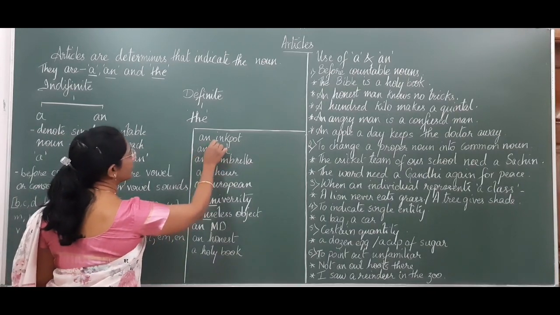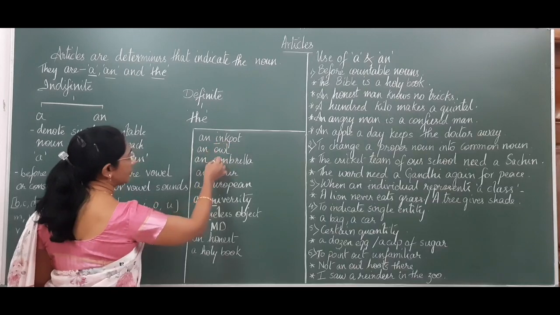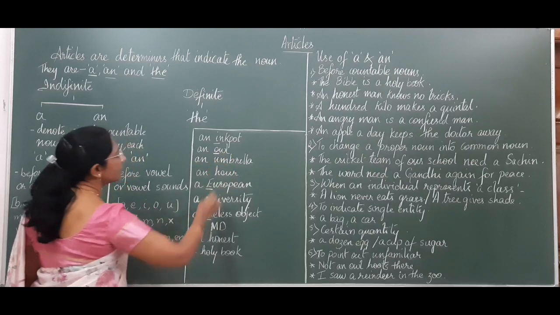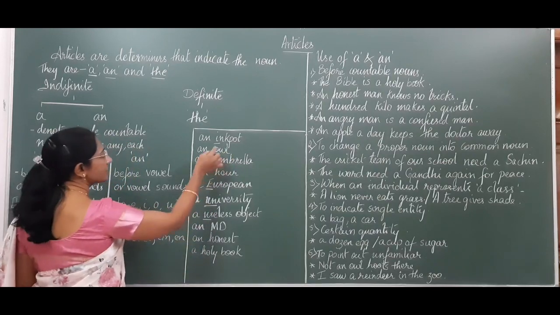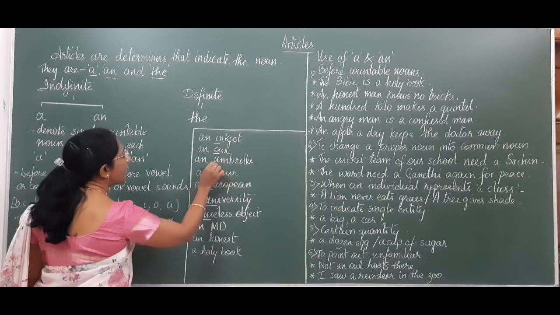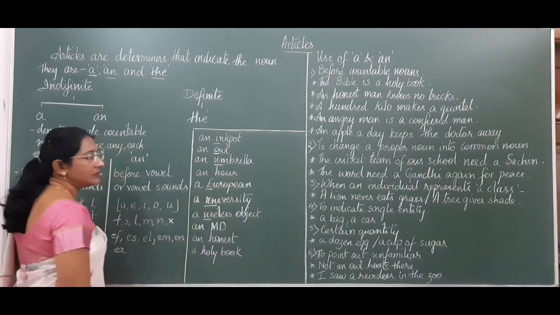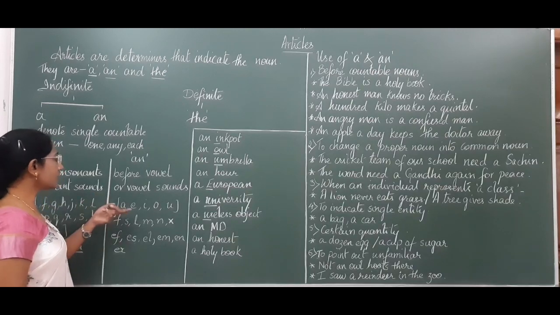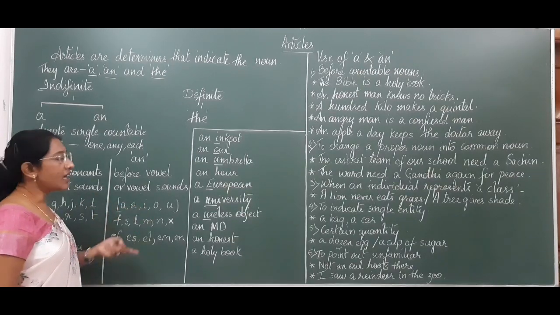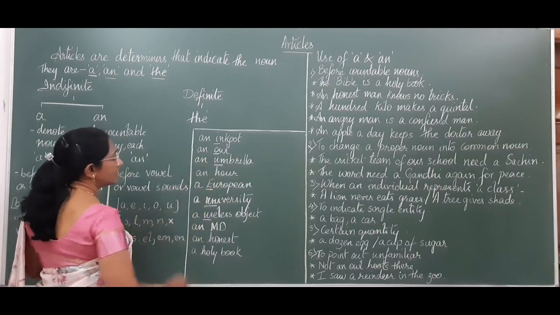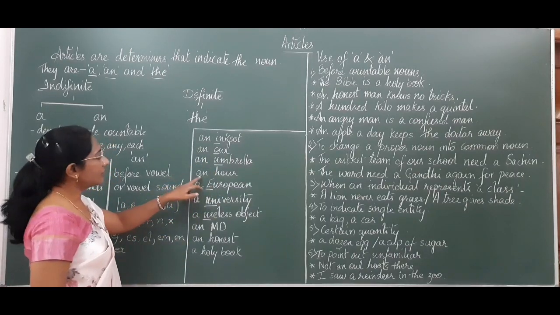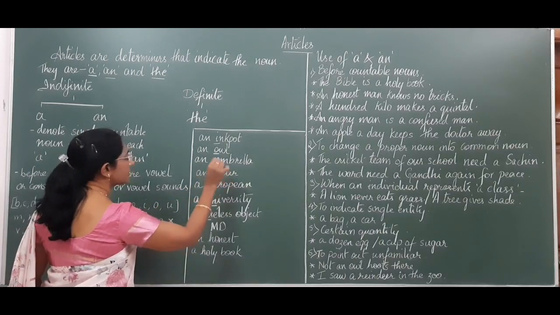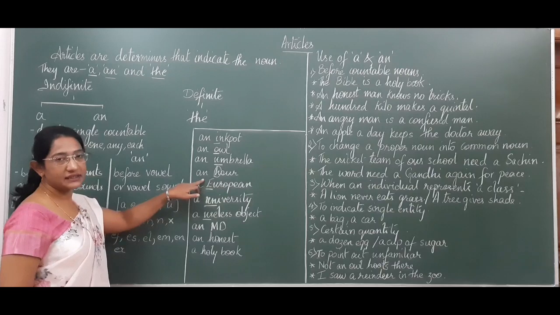Well, an inkpot, producing a vowel sound, carries an. An owl, producing a vowel sound, carries an. An umbrella, U producing a vowel sound, so it carries an. Here an hour, H is silent, carries indefinite article an.